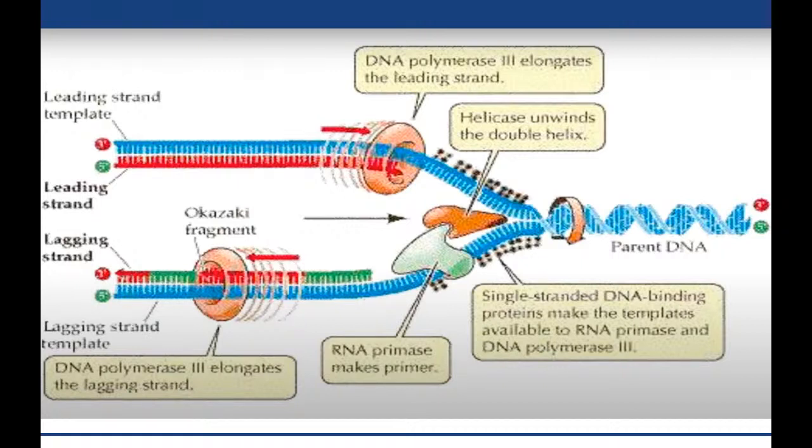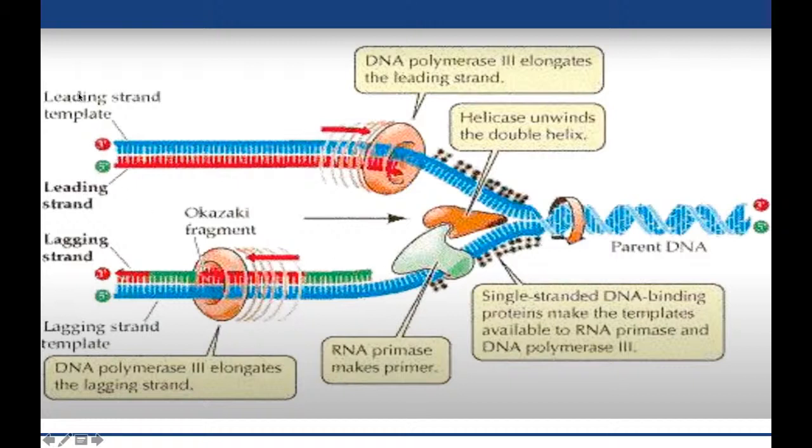Then comes the simple way of showing you how it all starts. Here we have parent DNA with 5 prime to 3 prime, and both strands have a double helix structure. Then you add your helicase enzyme, which will unwind this double helix structure, and your single stranded DNA binding proteins will make the templates available to RNA primase and DNA polymerase 3. RNA primase will make primers for the production of your new template.